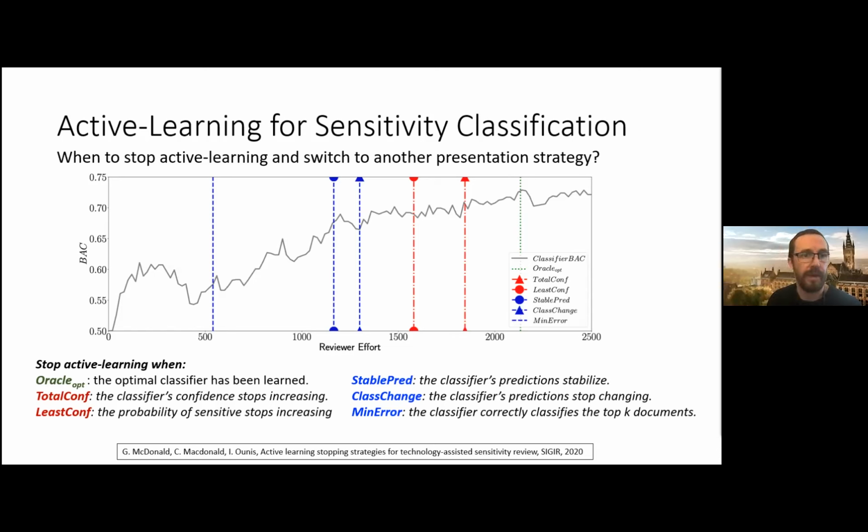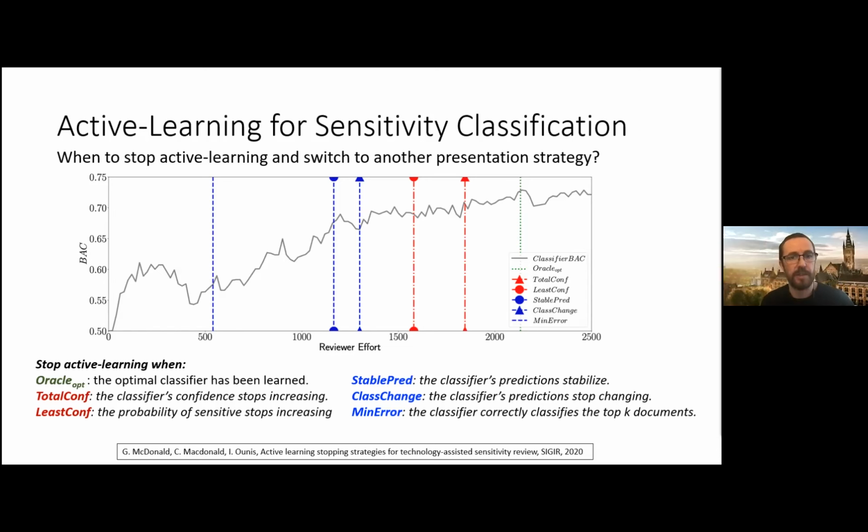In the interest of time, I didn't go into the actual active learning process as much as I usually would, but it's an iterative cycle whereby the reviewer is presented with K documents at a time, and once the K documents are reviewed, the classifier is retrained, and the expectation is that the classifier will get better with each bunch of K documents that it's presented with. So the first stopping strategy, stable prediction, says that these predictions are going to stabilize over time.